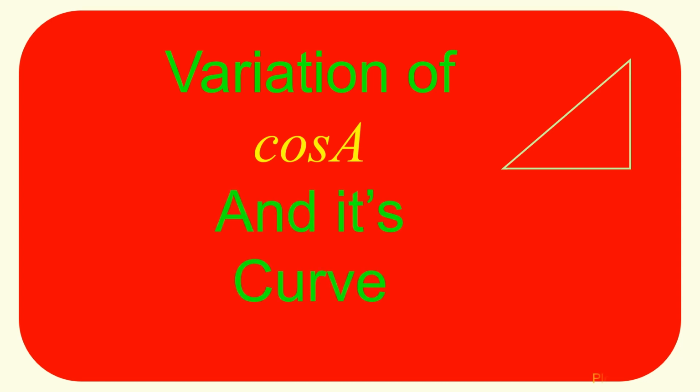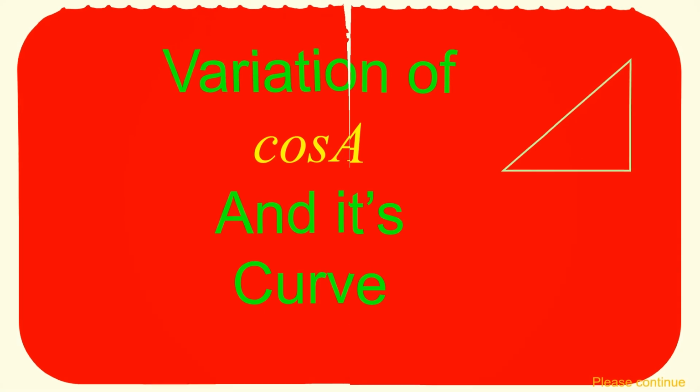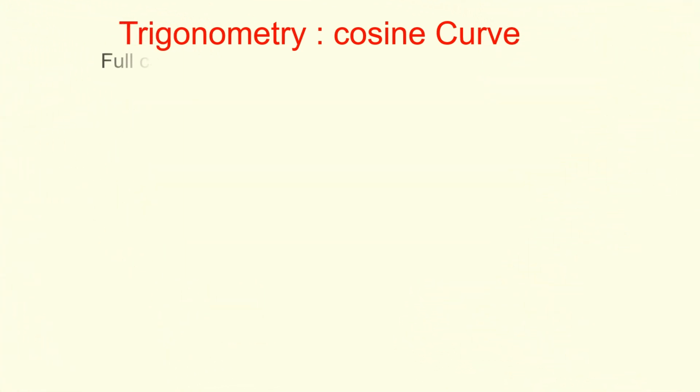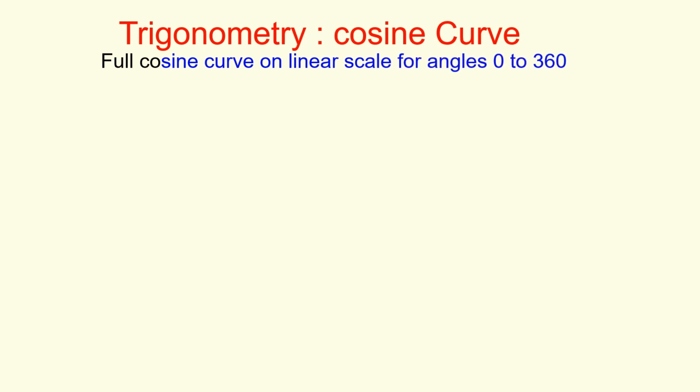Variation of cosine A and its curve. Full cosine curve on linear scale for angles 0 to 360.